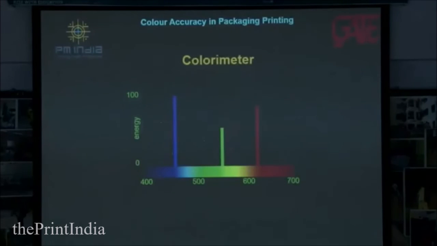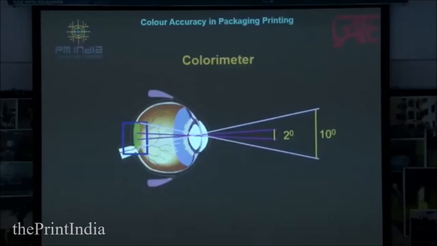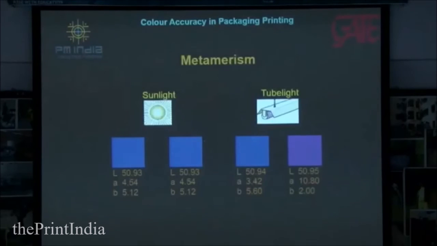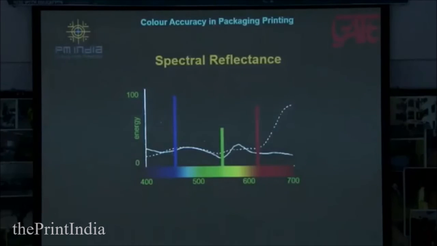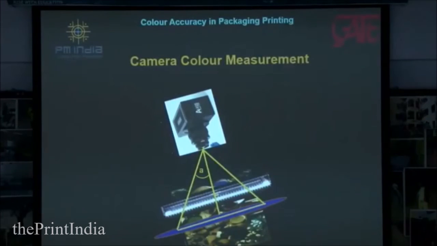Colorimeter, we saw it works at 3 points. Then there are settings like 2 degree and 10 degree. In the printing industry, we use the 2 degree setting. Okay, a colorimeter gives a metameric match. So you have to go spectral, measure the spectral values of the color for better information. This we saw. So there are various systems available. One is called camera color measurement.